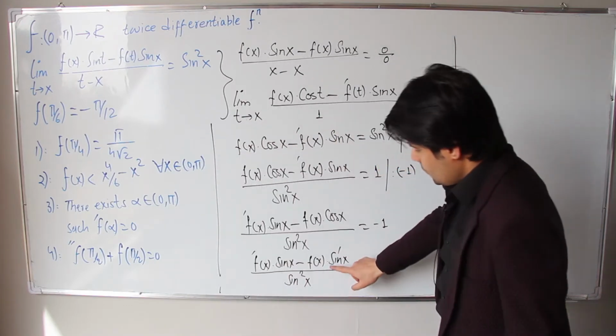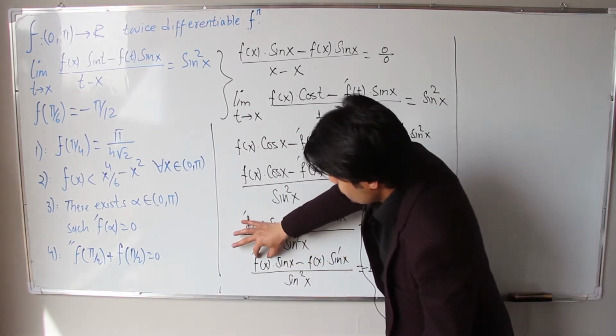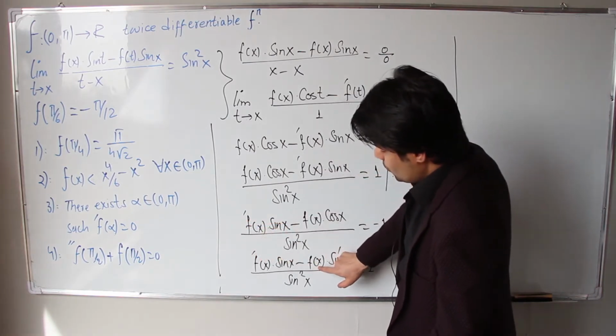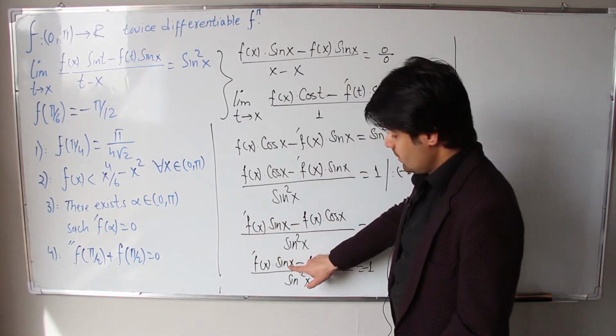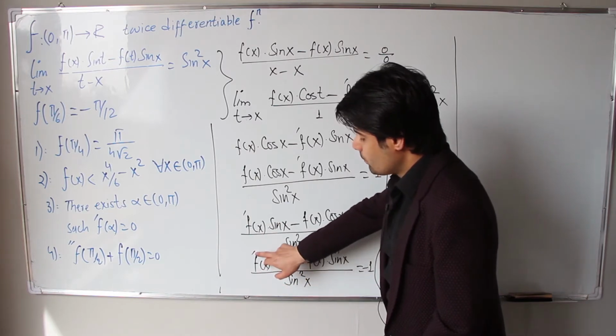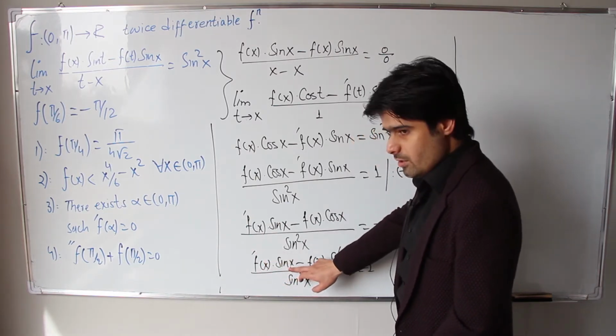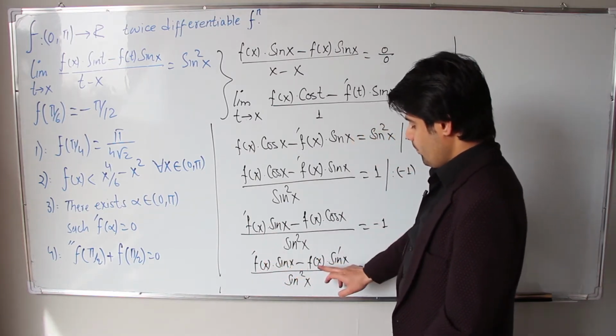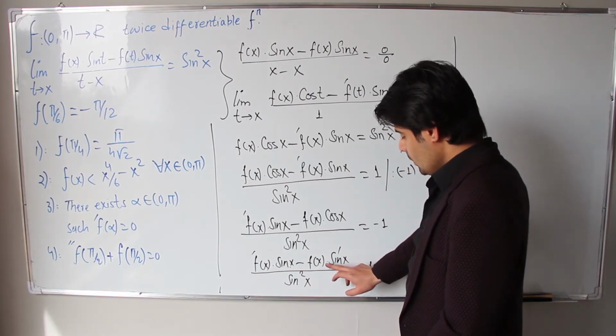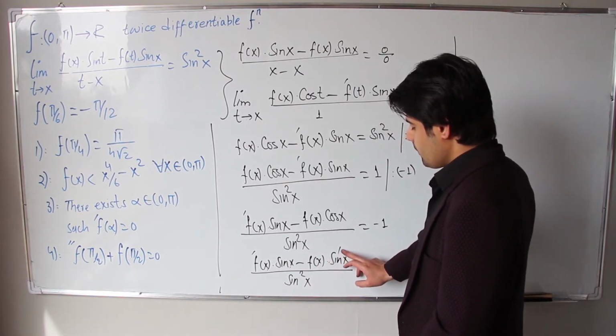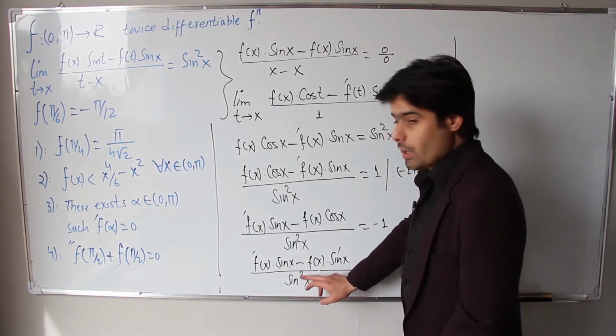Now look, if f(x) is u and sine x is v, we have u prime times v minus u times v prime, divided by v squared.